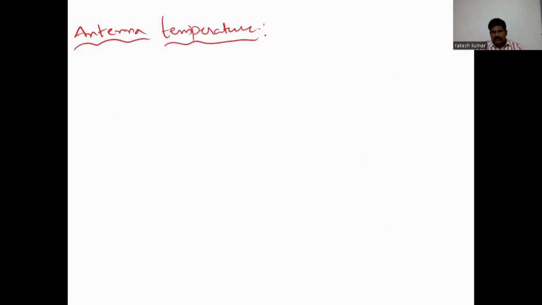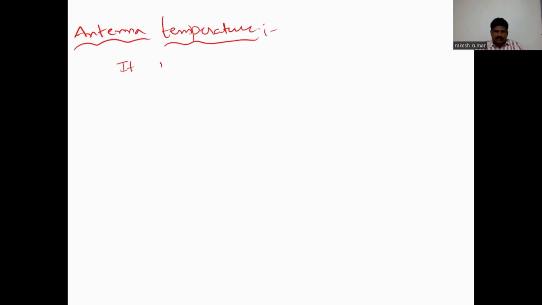We will discuss another parameter called antenna temperature. Whenever an antenna is transmitting or receiving, automatically some heat comes into the picture.